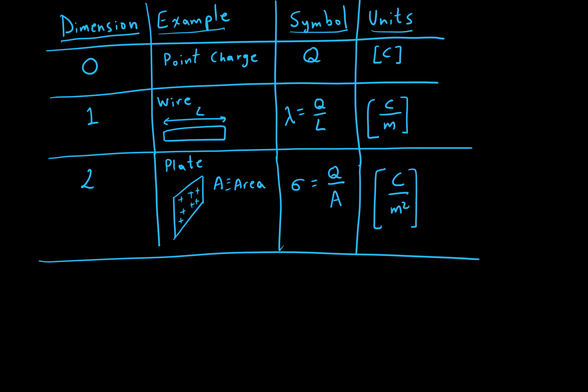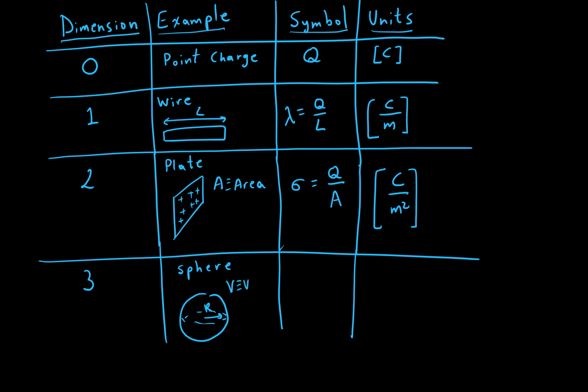So what about our last dimension that we can easily visualize? We can consider here a sphere. That sphere can be characterized by some radius r, or more generally for 3D objects, we can say volume. We can call this by the Greek symbol rho, and we'll say this is our charge per unit volume.